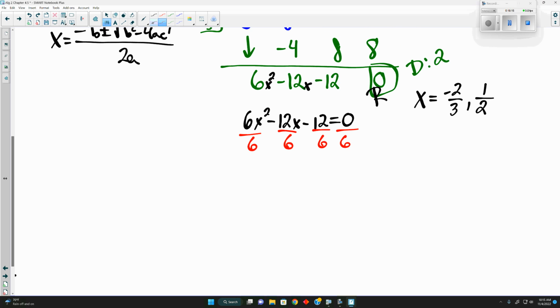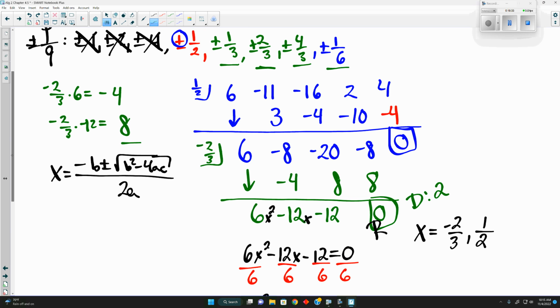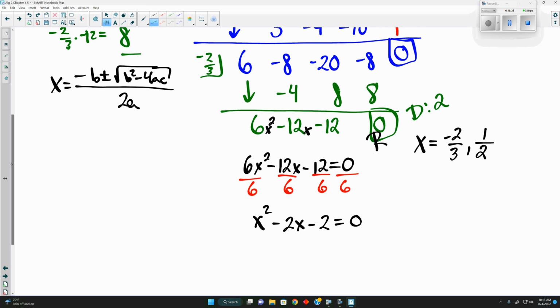And this makes it a lot easier to work with because now we're left with x squared minus 2x minus 2 is equal to 0. If the first term is negative, divide it by, or multiply everything by negative 1. Make that first term positive.